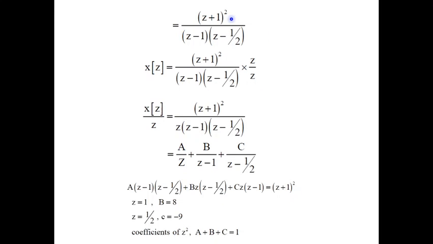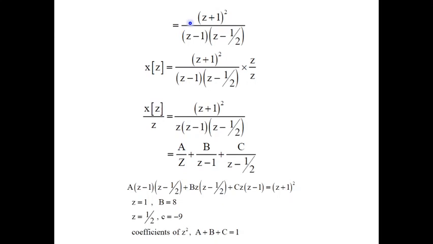Now we need to apply partial fractions, but when we check, we have z squared in both the numerator and the denominator. So we have to reduce the degree by 1. However, there is no separate z over here as in the previous case.